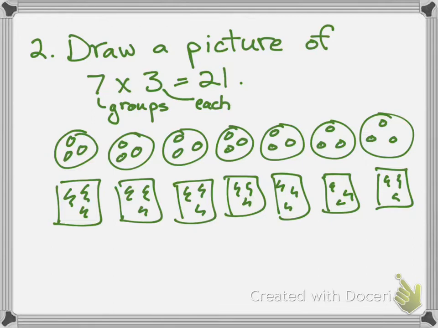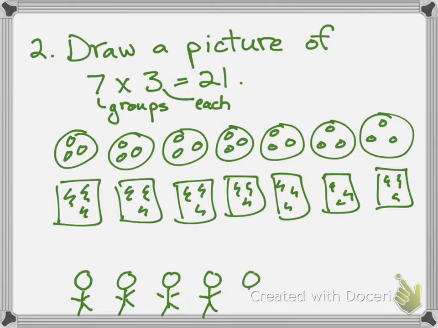Now you could get even fancier. You could draw a person. So I could draw 7 people. The person is going to be holding a group of something. So watch how I make this. 1, 2, 3, 4, 5, 6.